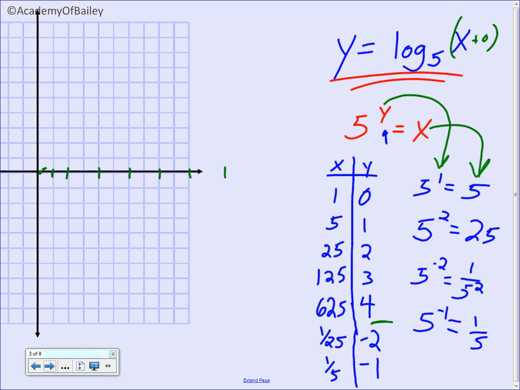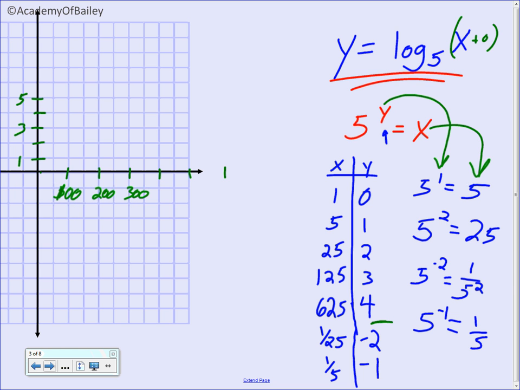Well, here's 100, 125 and 3. I'm completely messing this up. Let's let this be 100, this be 200, 300, and so forth. This is 1, 2, 3, 4, 5. There we go. Let's do that. That's going to make the graph actually look like it's supposed to be.